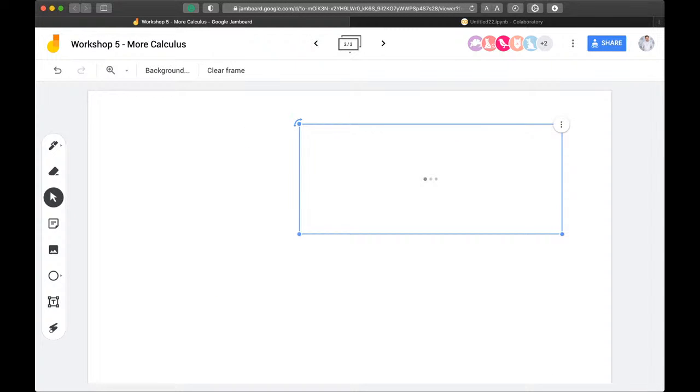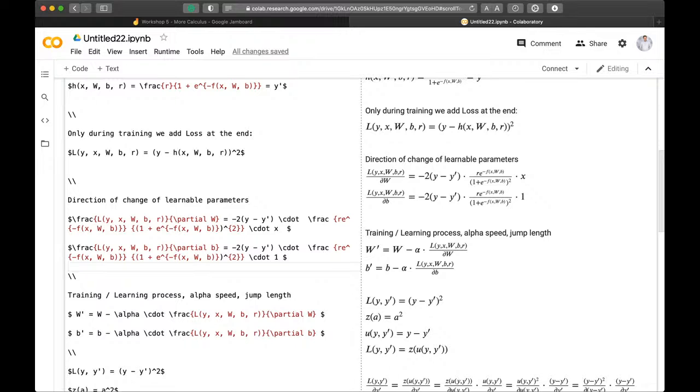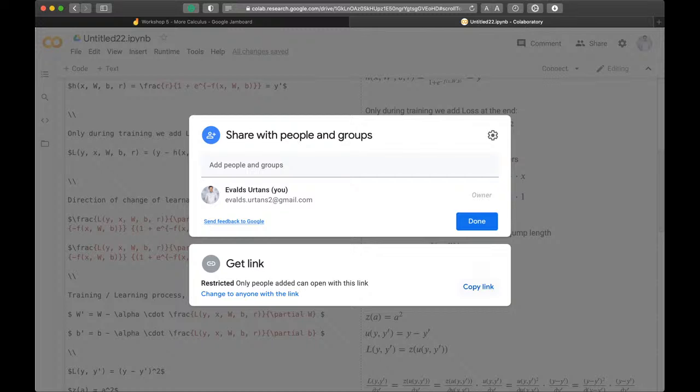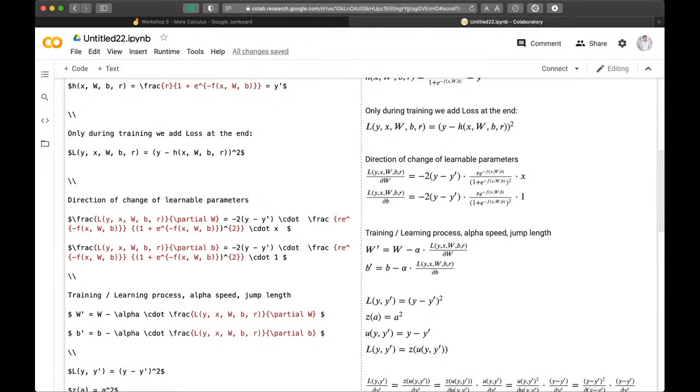This is not normal. Okay, the Jamboard seems to be broken, or I don't know what's wrong with it. So anyway, I will share the non-editable notebook so you can copy it if you want. I will drop it here in the chat and also inside the classroom.